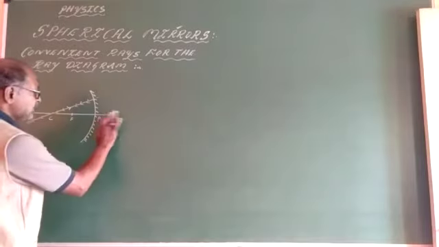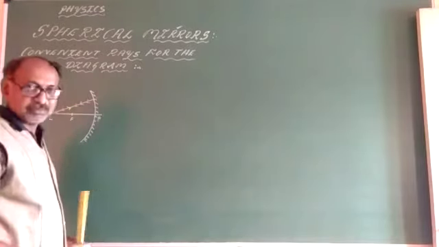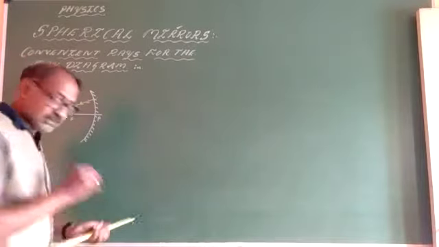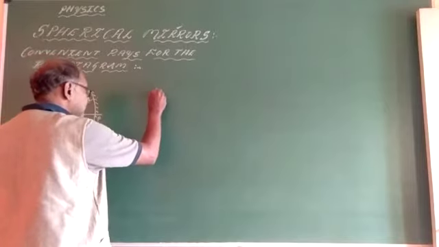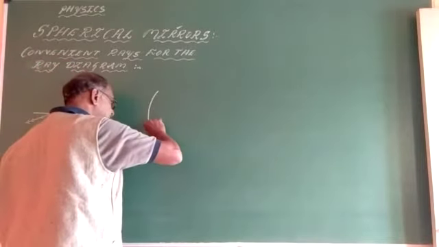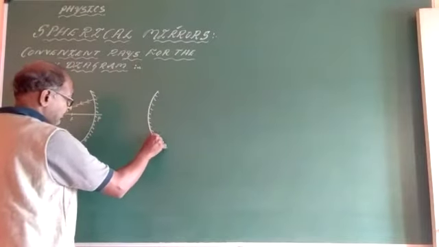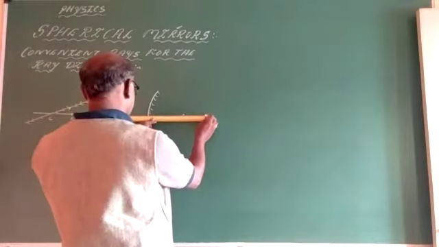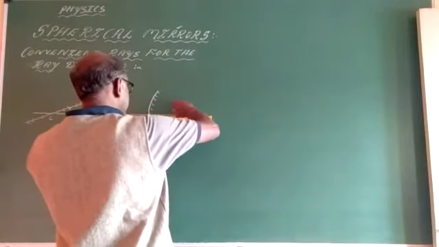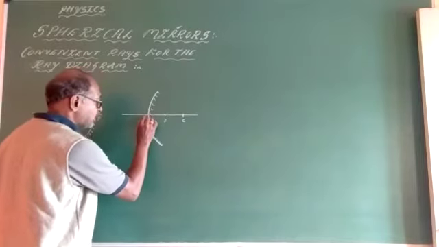Let us consider the same thing for a convex type of mirror. Here we have a convex type of mirror. This side is the silver surface. Here is the center of curvature, the principal axis, the focus, and here is the pole.